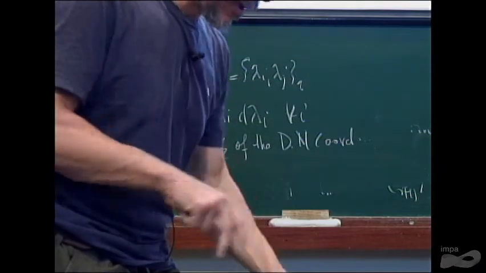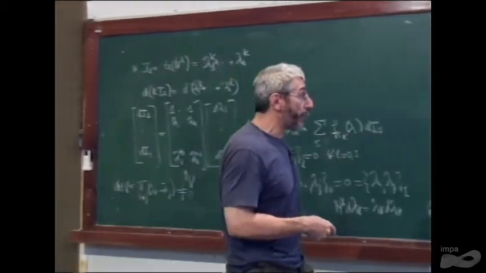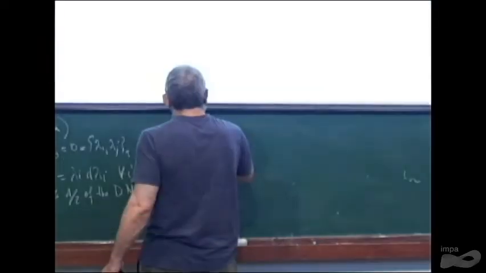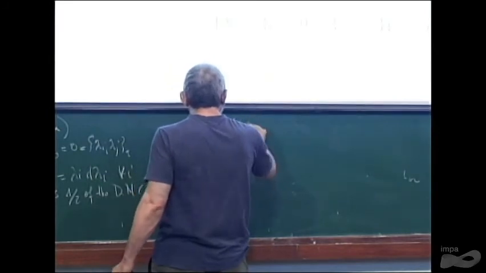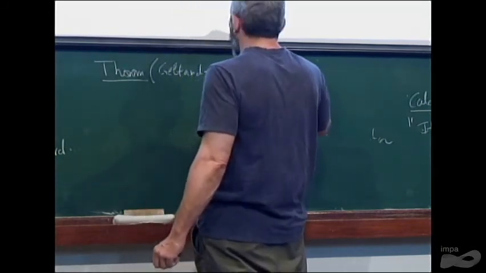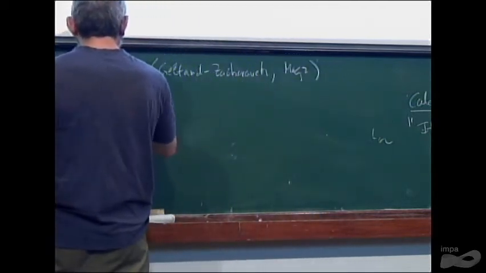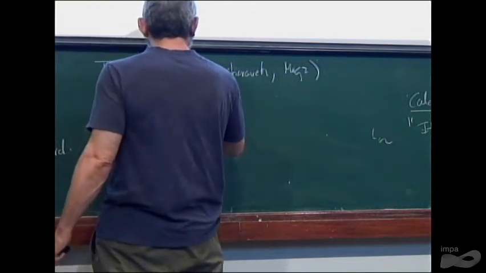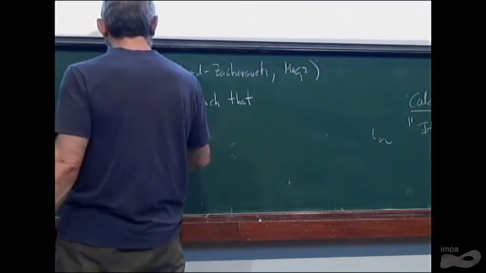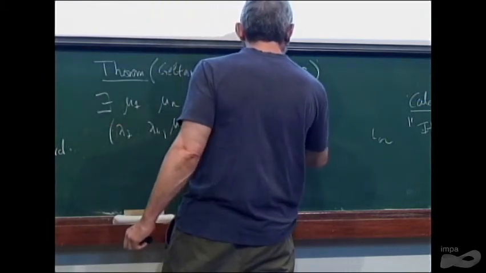In principle, using an argument very similar to the argument that you use to prove the classical Darboux theorem, you can prove the theorem, which is again due to Gelfand, Zakharevich, and Magri, that we can find mu_1, ..., mu_n such that lambda_1, ..., lambda_n, mu_1, ..., mu_n is a set of Darboux-Nijenhuis coordinates.